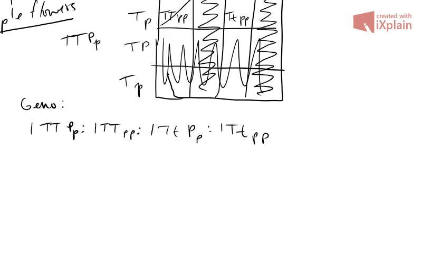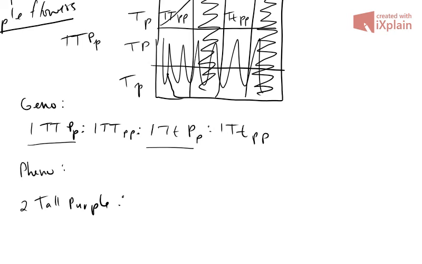For our phenotypic ratio, we don't even need the Punnett square anymore because we have the genotypic ratio to go from. This one right here is going to be tall and purple. Do we have any others that are tall and purple? Yeah, both this and this are going to be tall and purple, so we have two tall and purple.